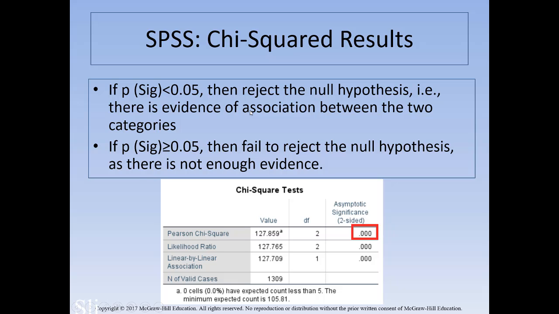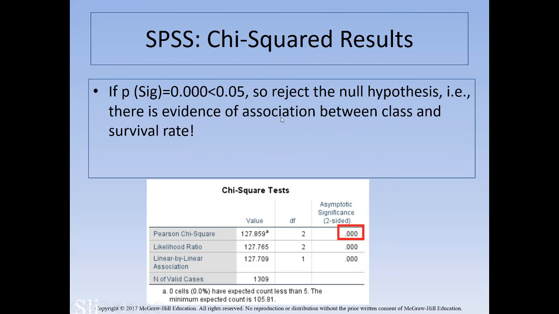Now again, just be careful, because depending on the textbook, it's written different ways. Generally, it would be independent, dependent, or not associated, associated. Associated is the equivalent of saying it's dependent. And if the p is greater than 0.05, then we don't have enough evidence, so we fail to reject.